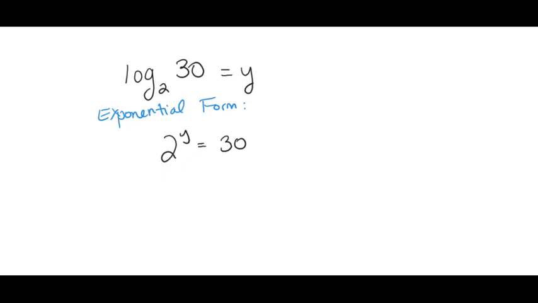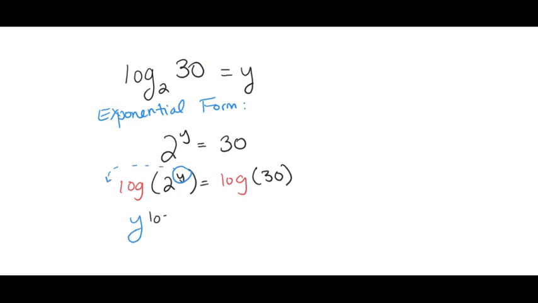And now this looks like something that we just talked about how to solve. What are we going to do to both sides? We're going to take the log of both sides and use that sneaky little power rule to get that y down in front. So we'll get y times the log of 2 equals the log of 30.